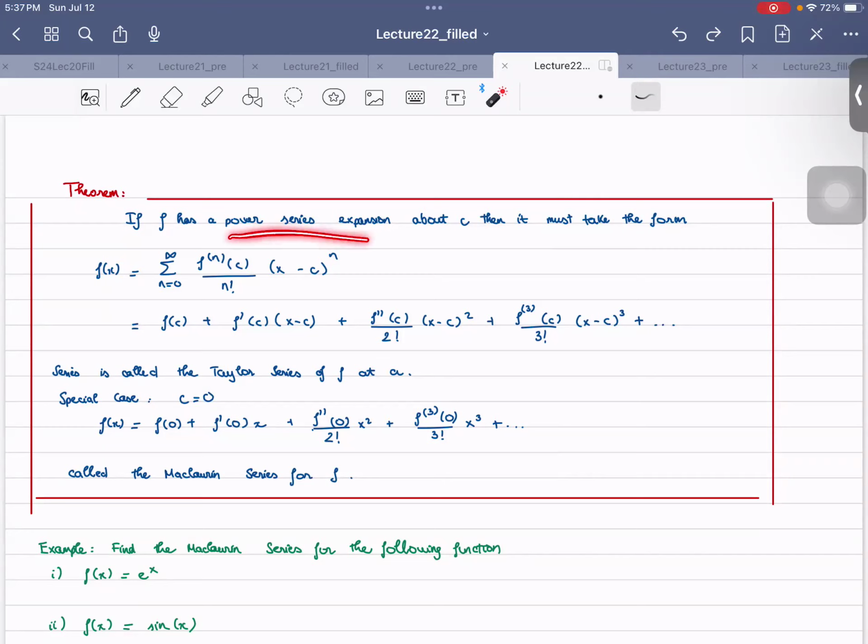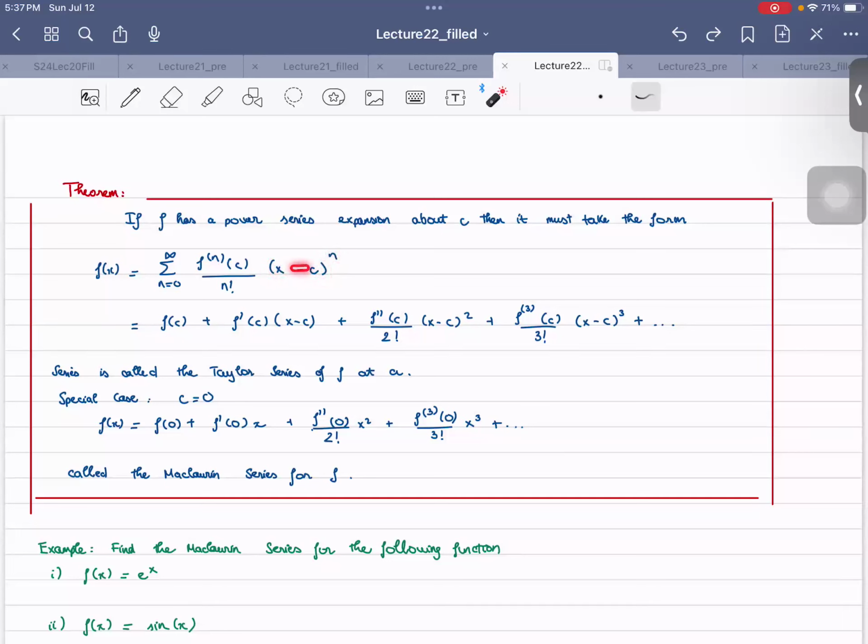So if f has a power series expansion about the center c, then your series should have the formulation: the sum of the nth order derivative of f at c divided by n factorial times x minus c to the n.